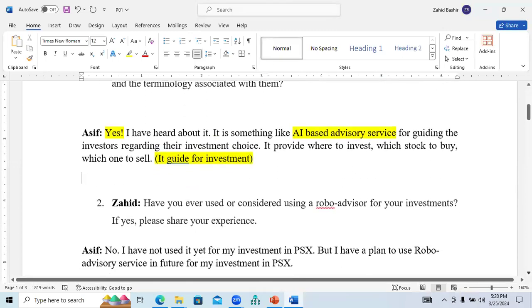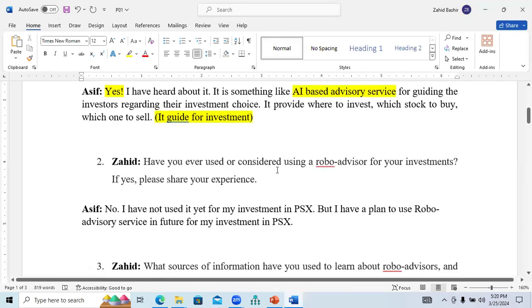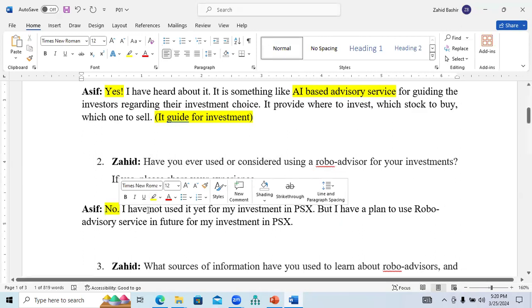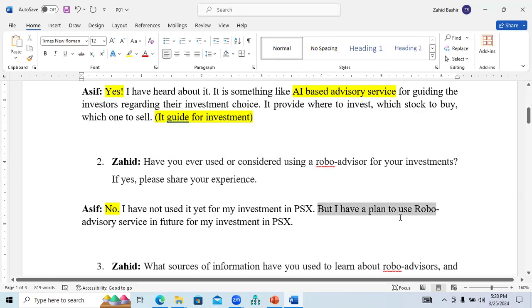So I asked the next question: have you ever used or considered using robo advisory for your investment? If yes, please share your experience. He said that he had not considered using the robo advisory service. I have not used it for my investment in PSX, but I have a plan to use robo advisory. So he is planning to use it in the future. What I conclude from this discussion is that I asked, have you considered robo advisory?